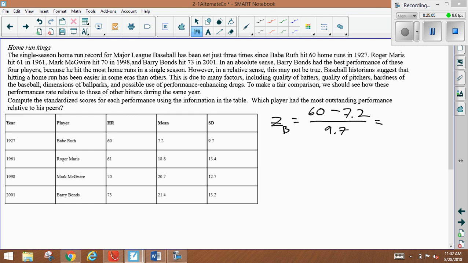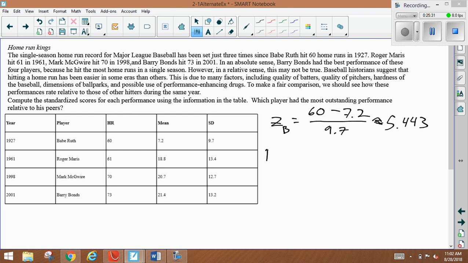So let's get Babe Ruth's z-score there. 7.2 divided by 9.7. So that was approximately 5.443 standard deviations above the mean.